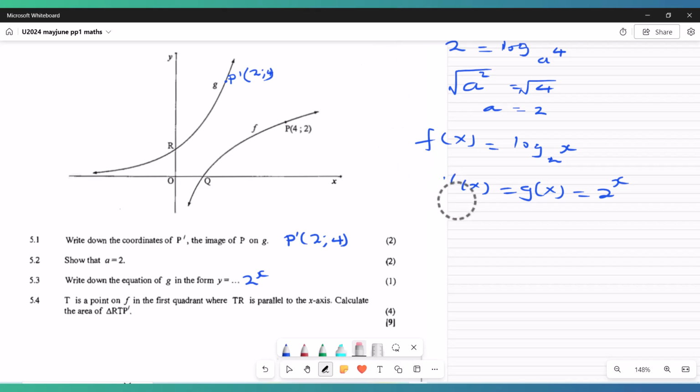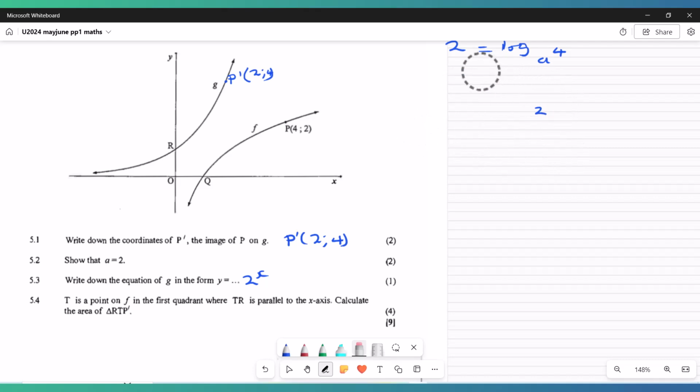They said that T is a point on f in the first quadrant where TR must be parallel to what? The x-axis. So it means it must be passing through R and parallel to the x-axis. So I must begin from this area here to go and find my T. It must be like this, somewhere here.